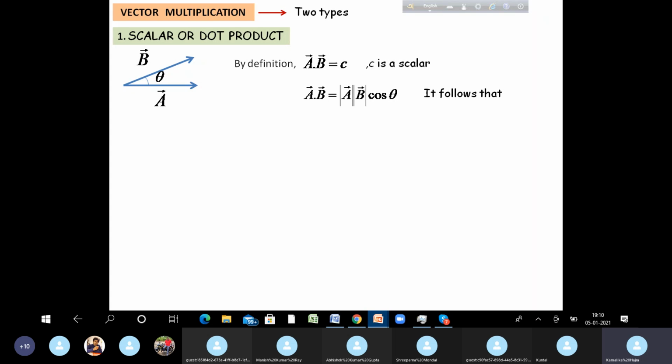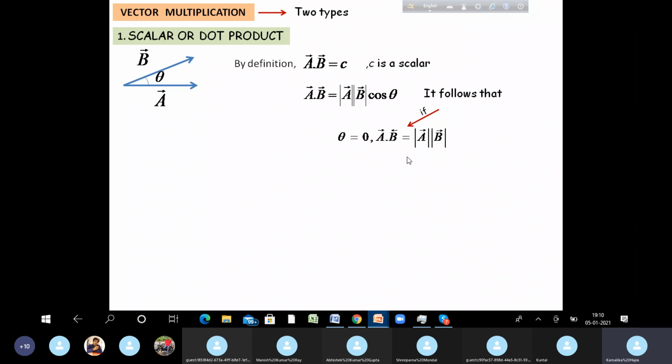Obviously, from this definition, it follows that first of all, if the angle theta between the two vectors is 0, then the product will be just the product of the modulus of the two vectors. I'm sorry about this arrow. It has been printed in the opposite direction. It doesn't mean anything.